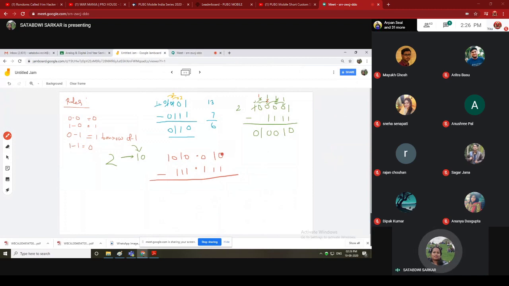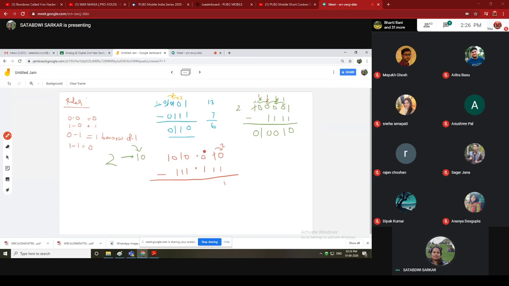So 0 minus 1, we have to borrow from here. So it is like 10, that is 2. So 2 minus 1 becomes 1. Now here it is 0. Now at present it is 0, so we need a 1.